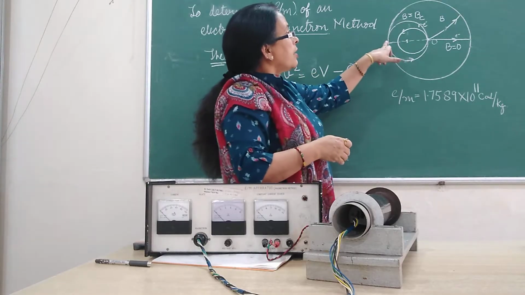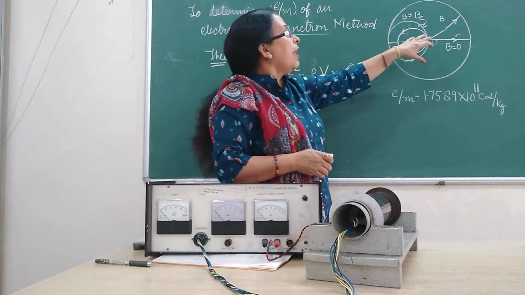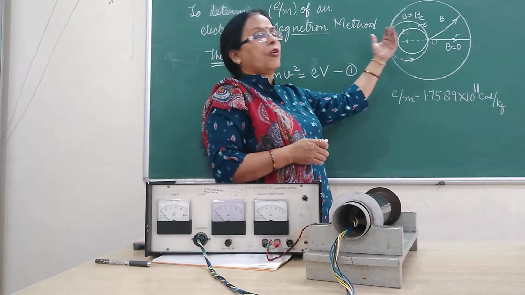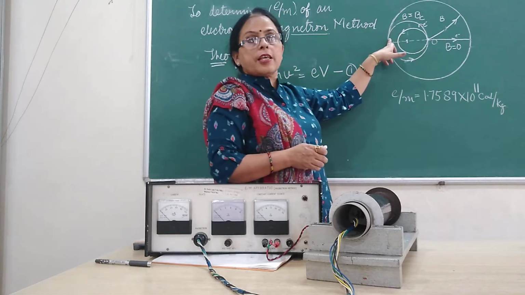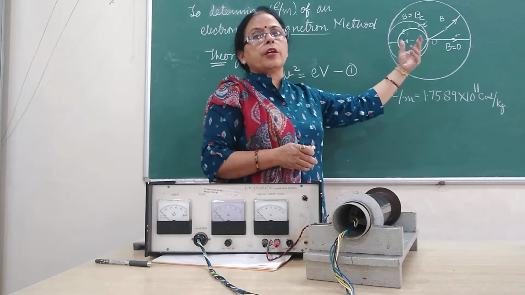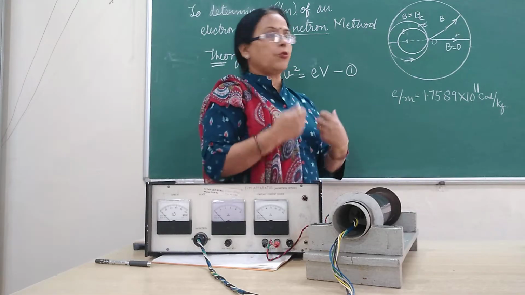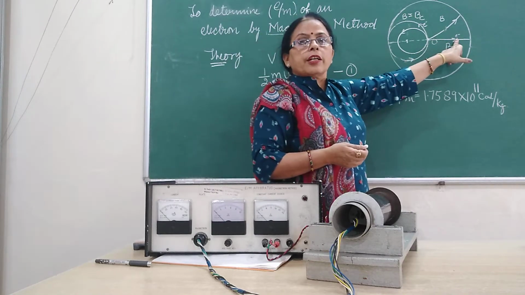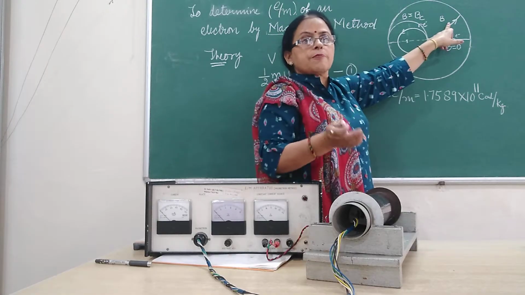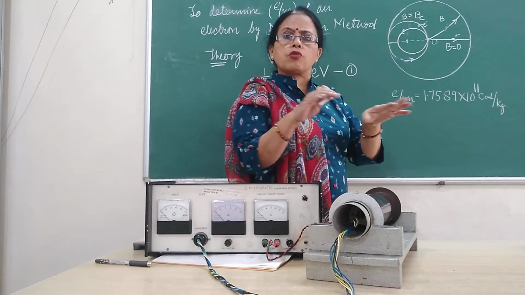What we are interested in is the situation when B is equal to BC and the electrons just graze tangentially across the anode. Beyond that the electrons are not able to reach the anode, so the anode current becomes 0. If we measure the anode current, it will be high and remain almost constant, because till this point the electrons are reaching the anode at different places.